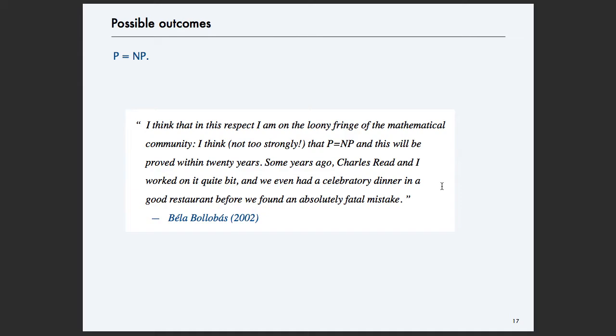Now with the internet, before it used to be just those two guys having a celebratory dinner. Now you get preprints on the internet until somebody discovers that no. Fermat's last theorem was famous for about 50 years before Ramanujan proved it. So it could be.